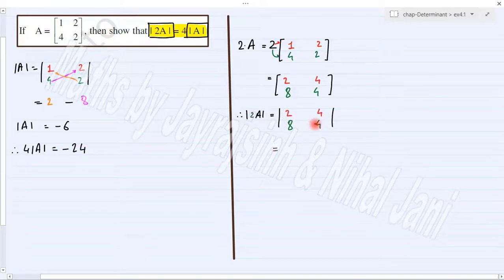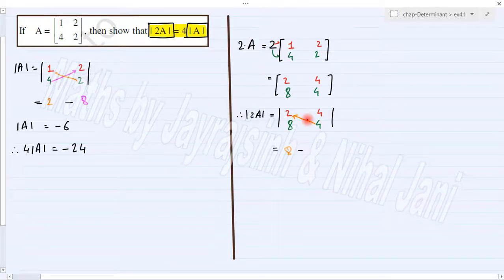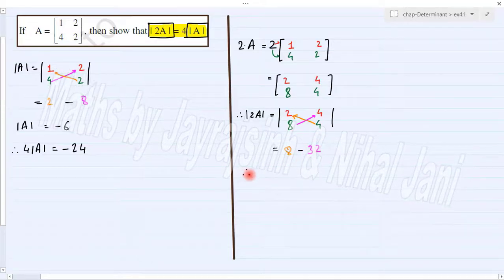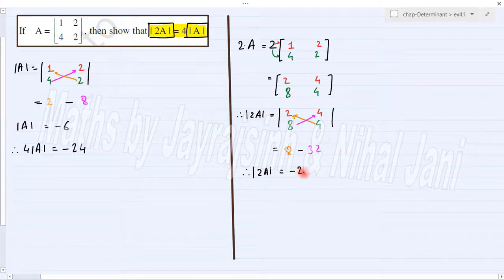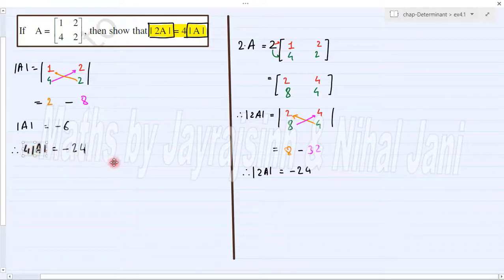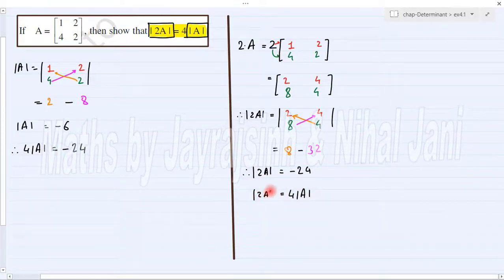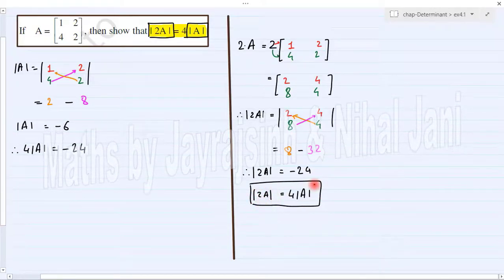And let's cross multiply. 4 2s are 8 minus 8 4s are 32. So we will get determinant of 2A is equal to minus 24, which is exactly equal to 4 times determinant of A. So hence proved, determinant of 2A is 4 times determinant of A. Ta-da!